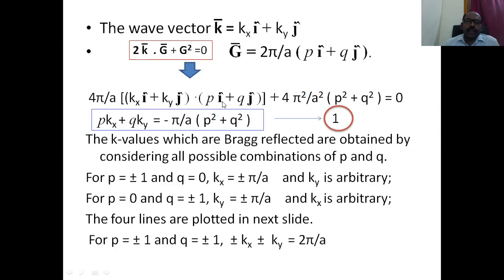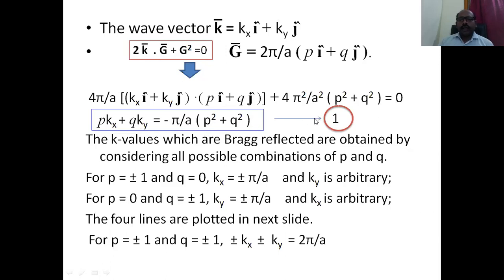So we get two terms on the LHS, and by bringing this term to the RHS, we get p kx plus q ky is equal to minus pi by a into p square plus q square.